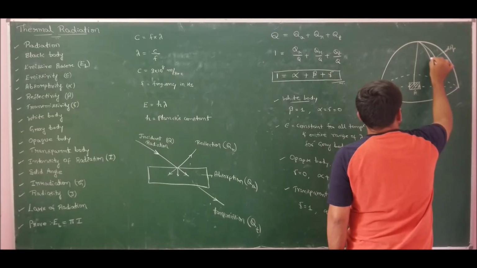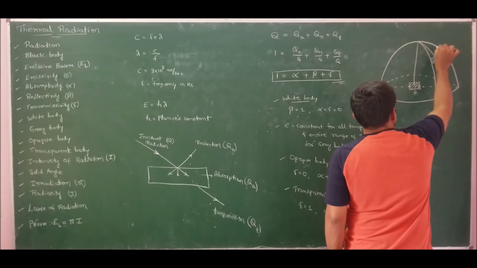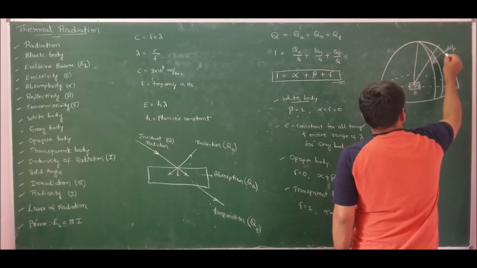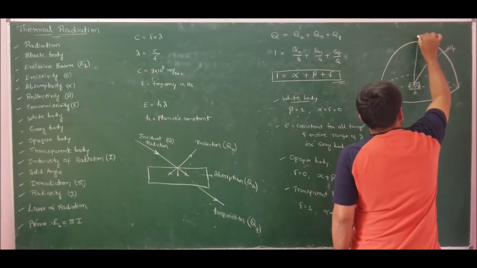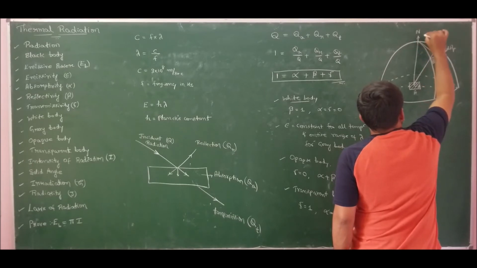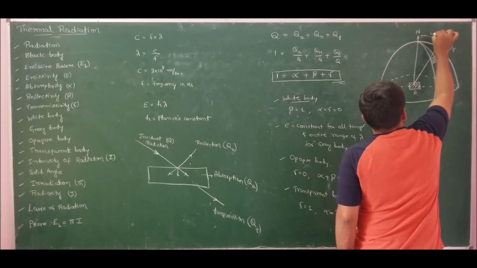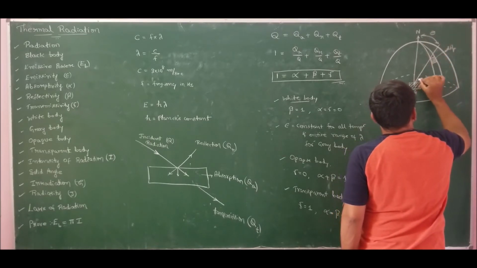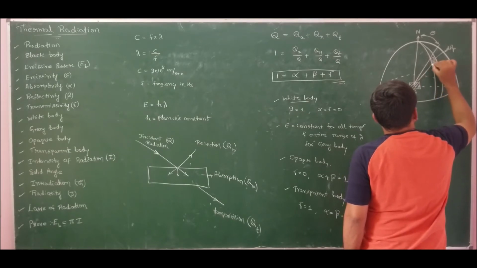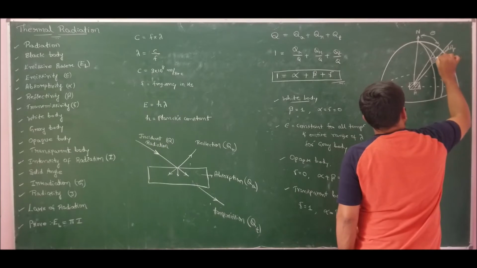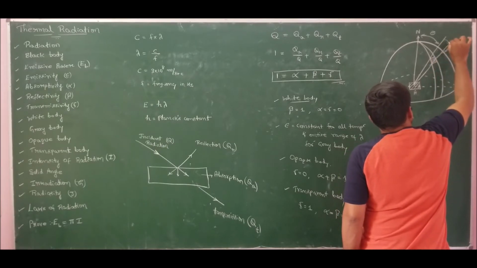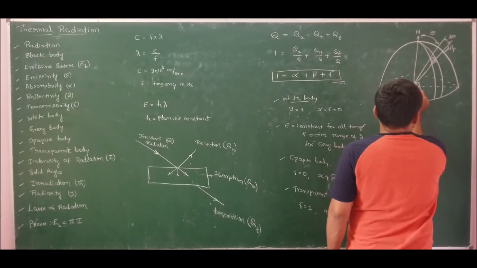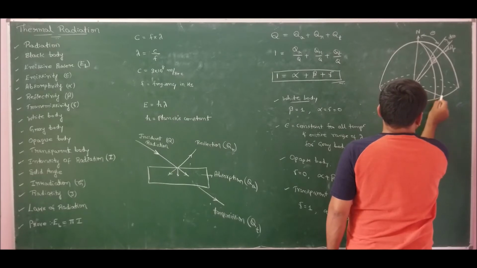Then I can define this as normal, and this angle I will define as theta, and this angle I will take as theta. And this projected angle I will take as d phi.